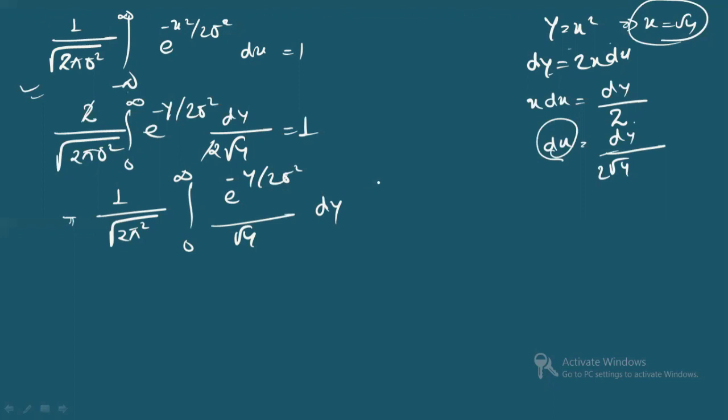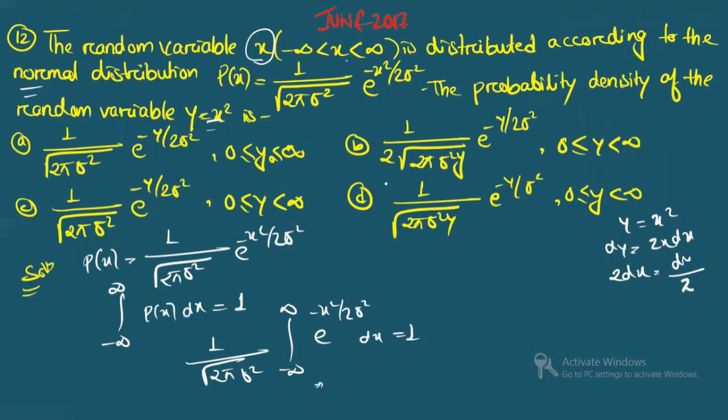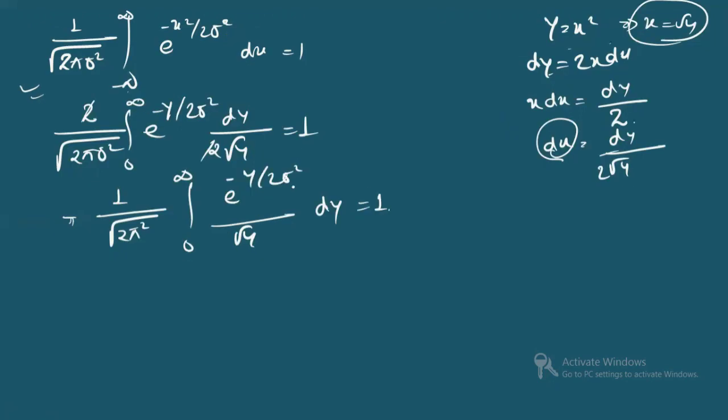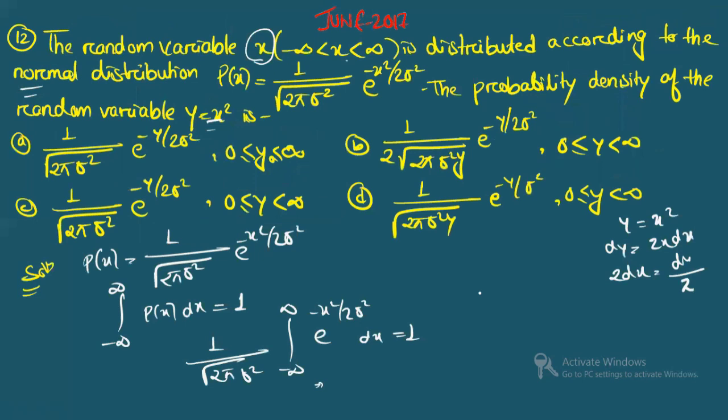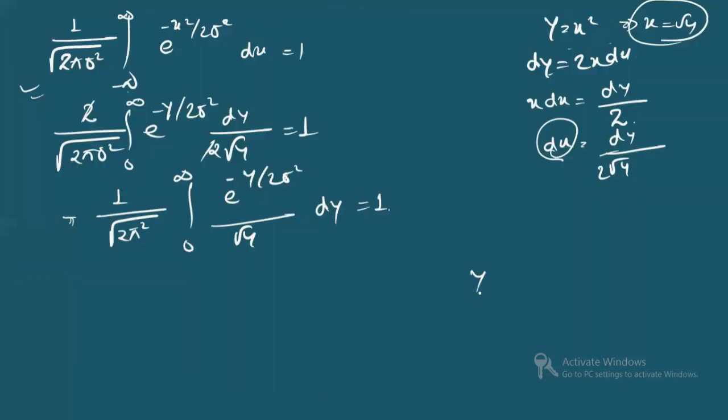The entire thing we have just substituted, and this equals 1. Now what will be the conclusion in this case? That y is greater than or equal to 0 but less than infinity. This is what you will see from this condition. Y is greater than or equal to 0 but less than infinity. And you are having here what?